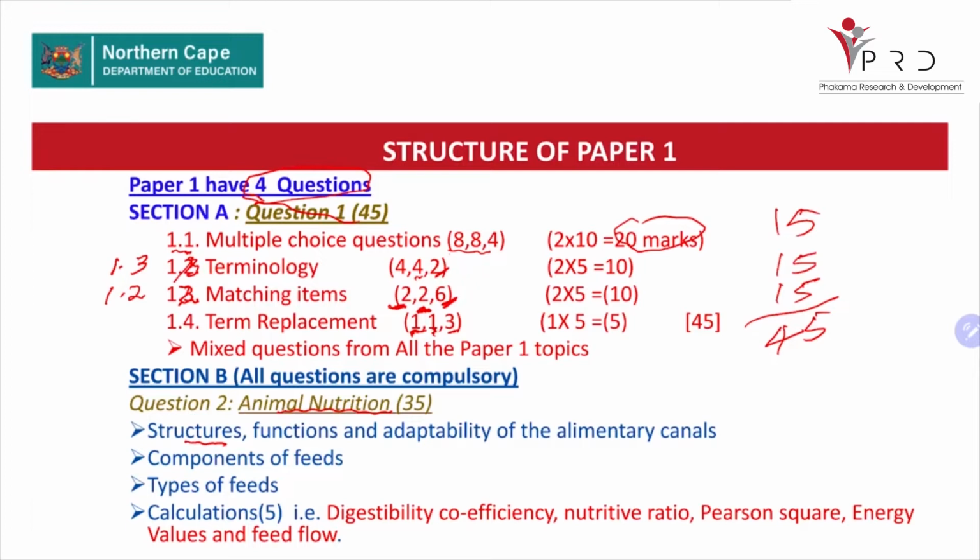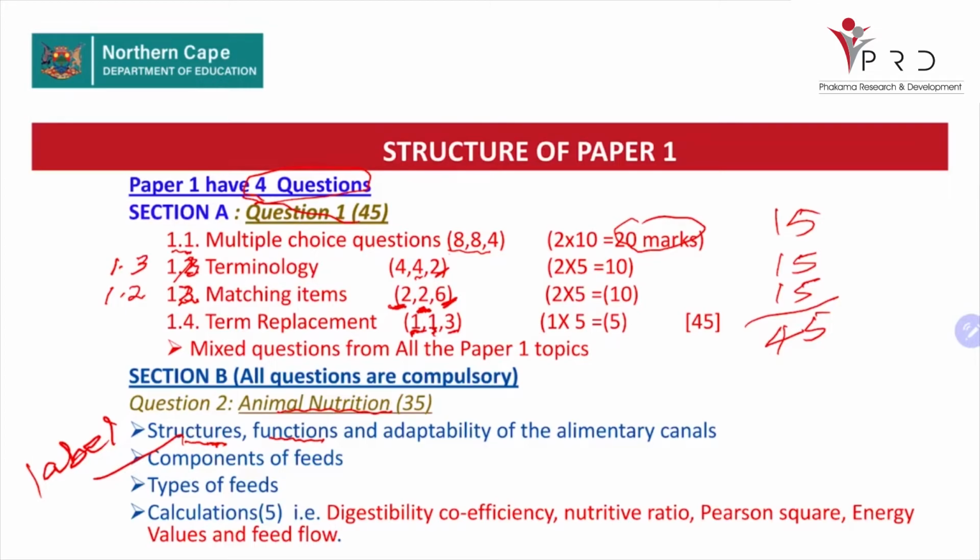So for all those digestive systems, we are expected to know their structures. And those structures, you must be able to label. You are expected to know what that organ does, which means you must know the functions.